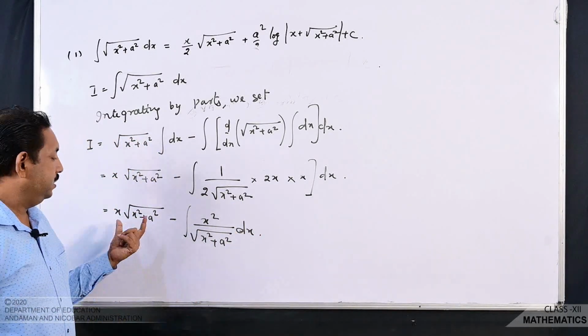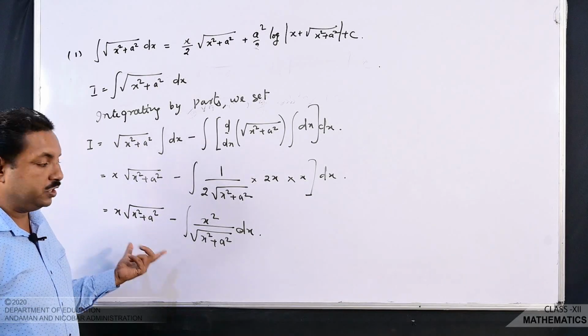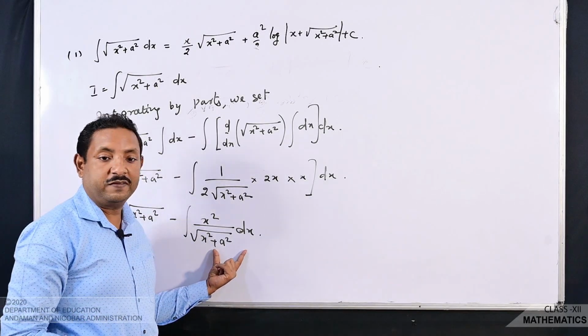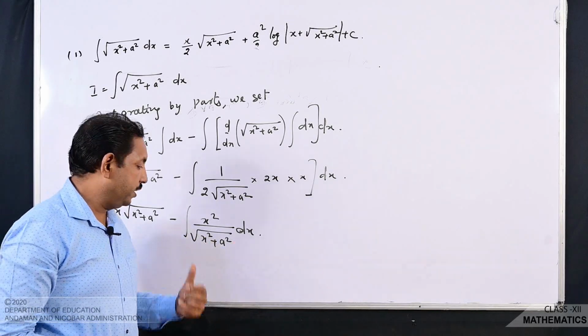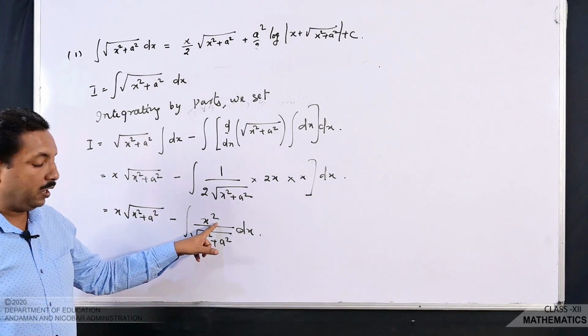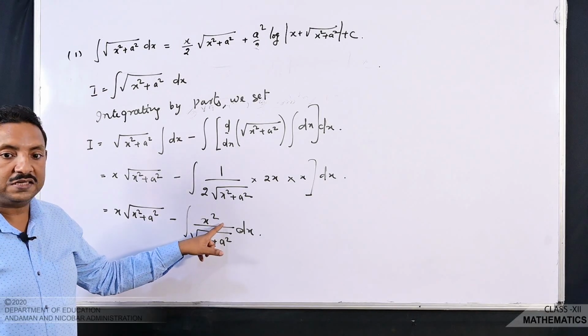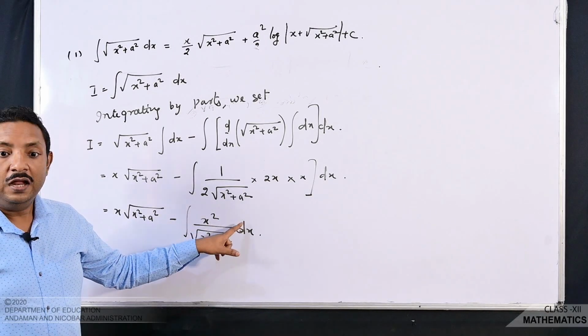Now, look here, this part the integration is over, but this part we need some adjustment to do the integration. So, what can we do? We just make an adjustment by taking plus a square and minus a square in the numerator.